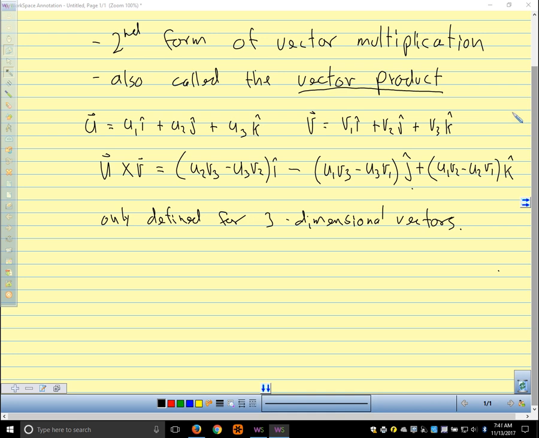Well, actually, the reason that the cross product is only defined for three-dimensional vectors is that u cross v is orthogonal to both u and v.